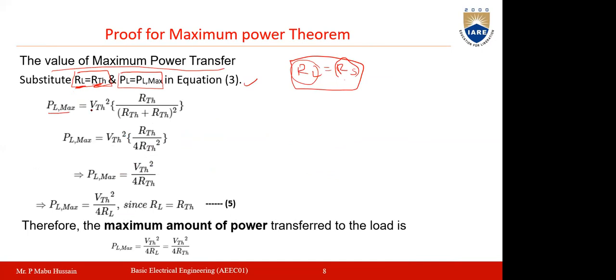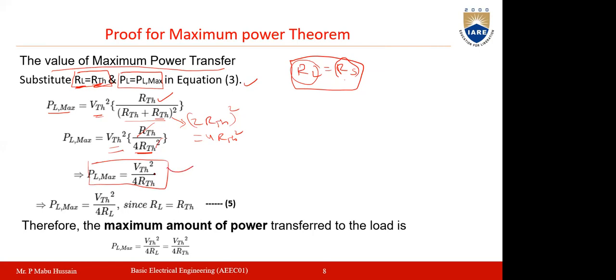PL max is equal to V Thevenin square, in place of RL you get R Thevenin, divided by, here also R Thevenin, so this value is (2 R Thevenin) whole square. So this we can write as 4 into R Thevenin square. Now one R Thevenin gets cancelled. So the maximum power delivered to the load will be equal to V Thevenin square by 4 RTH.